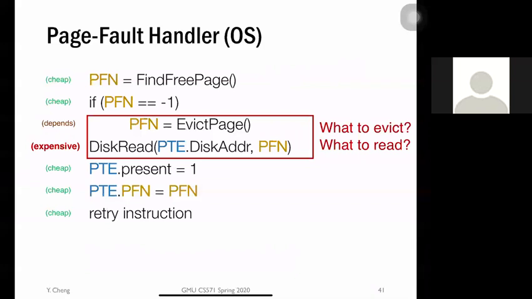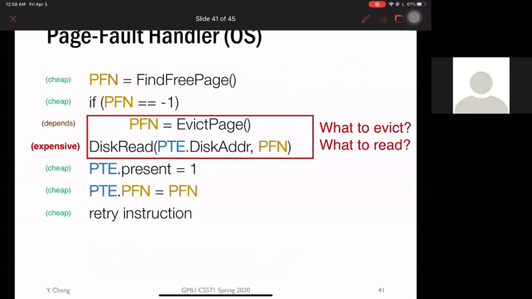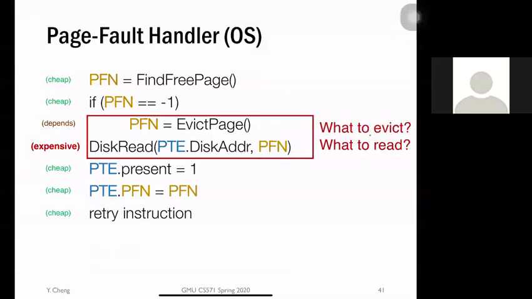With respect to what victim you want to pick to evict, there's some policy you need to follow. And the second operation, what to read, is deterministic because it's already specified. But these are two questions that need to be resolved at runtime by the operating system.